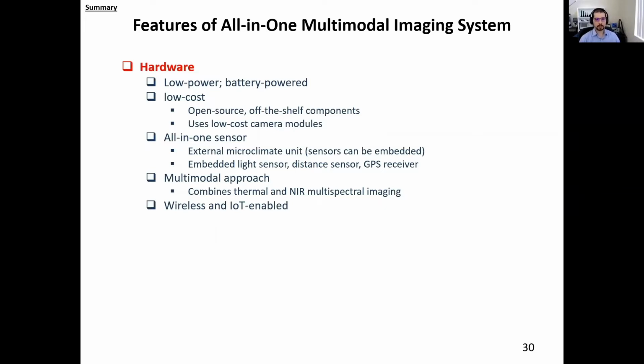It's low cost: all the components are open source and off the shelf, plus some components developed using a 3D printer and built in the lab at a very low cost. It relies on low-cost camera modules. I did not buy anything expensive to build the camera. And it's an all-in-one sensor.